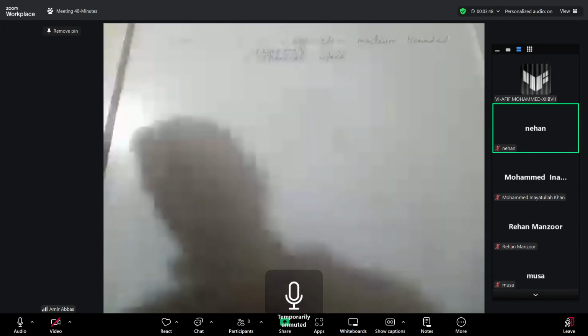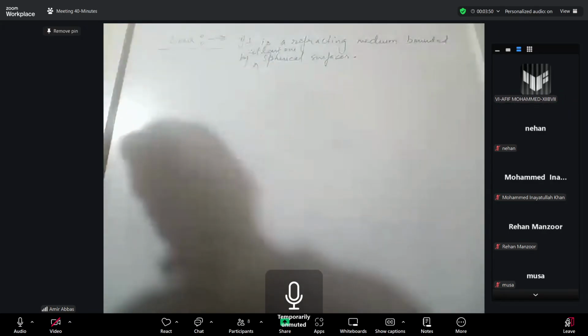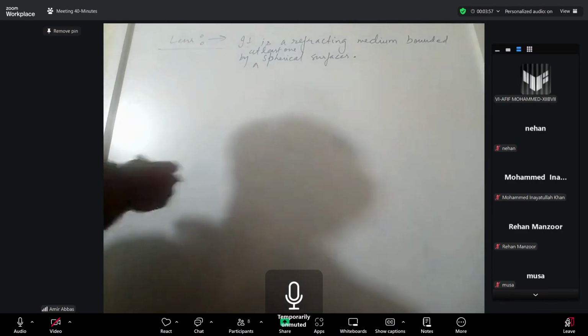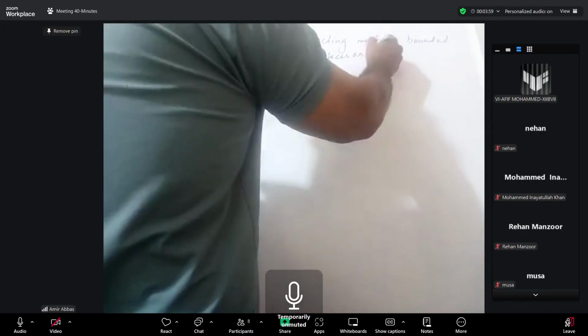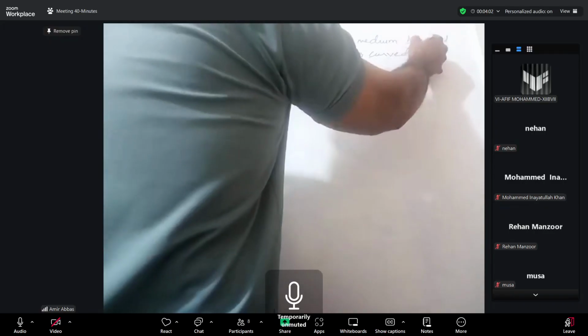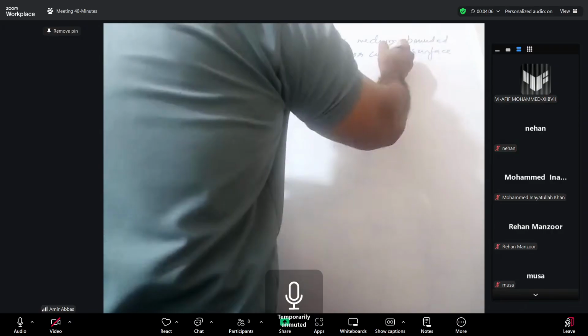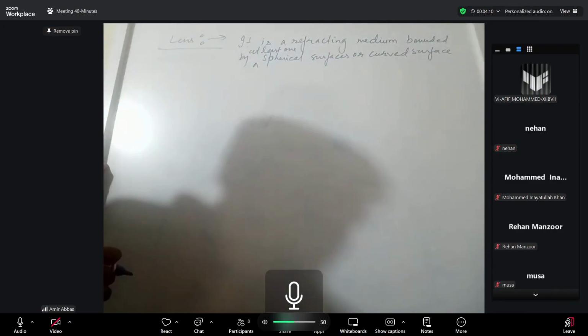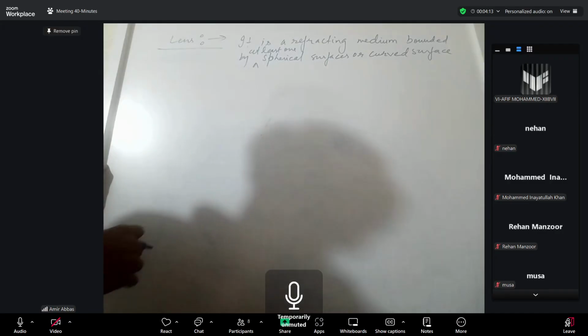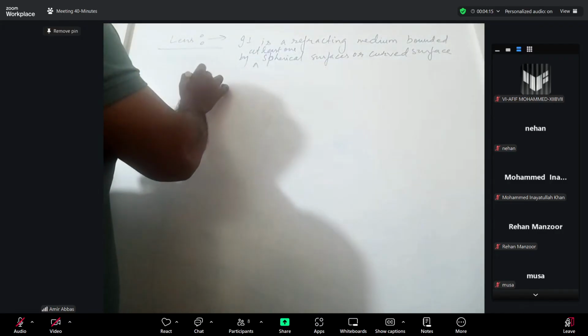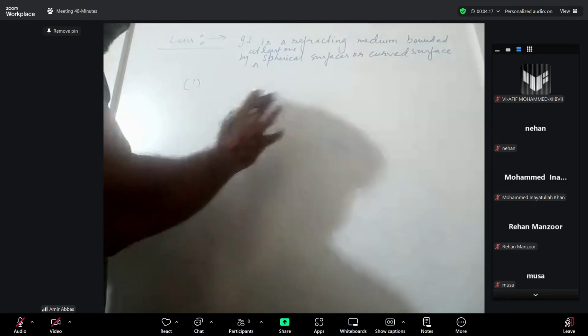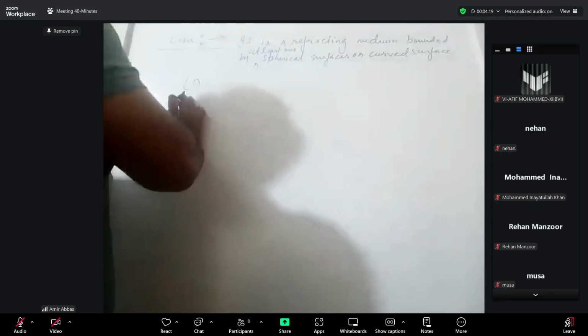How many types of lenses have you seen? Spherical or curved surface. Have you got this? So there are two types of lenses, on the broader side. Otherwise, there are 6 types.